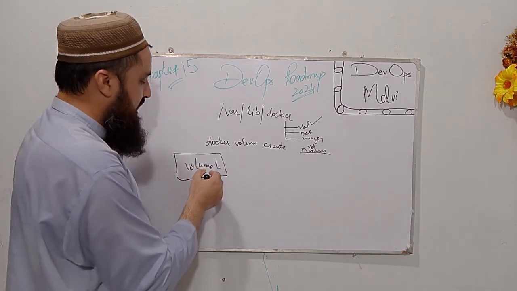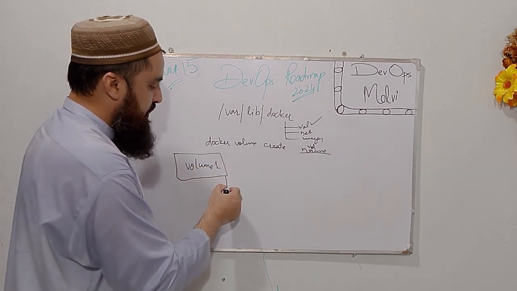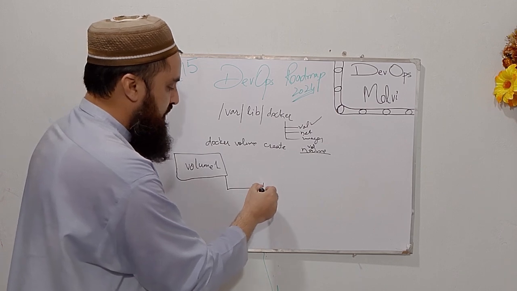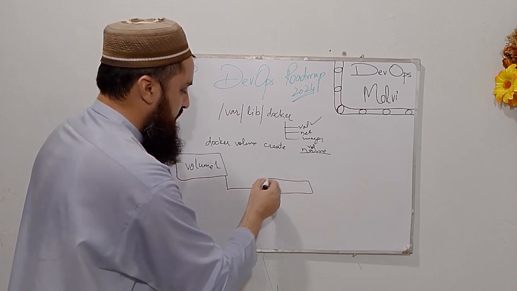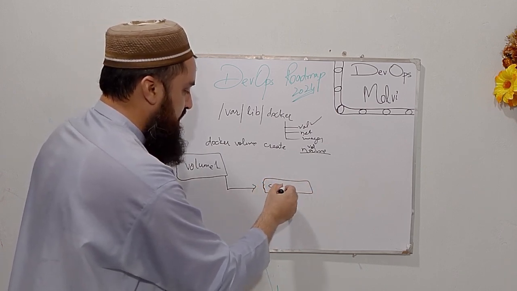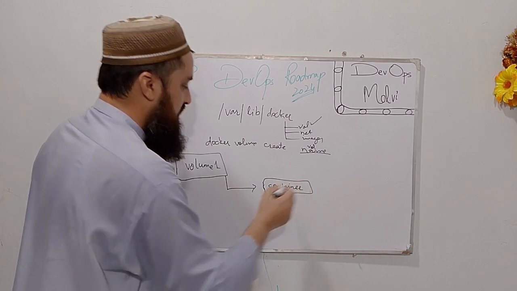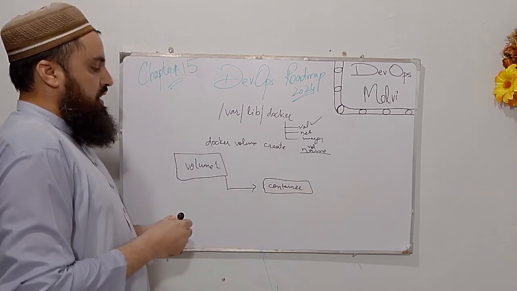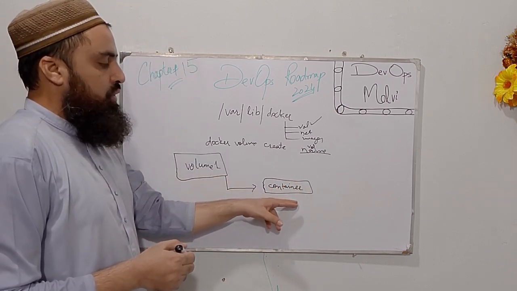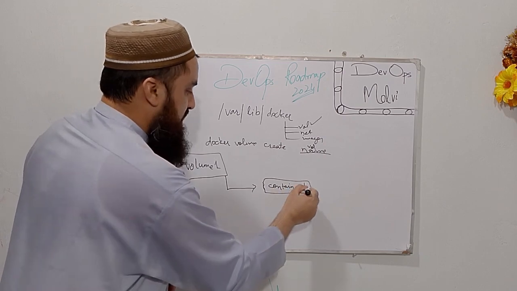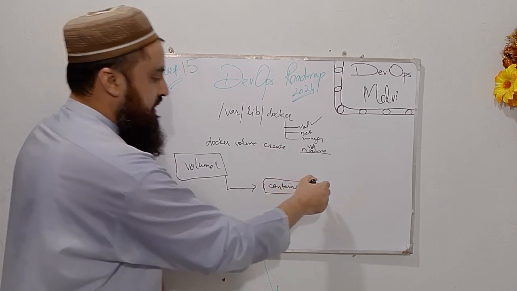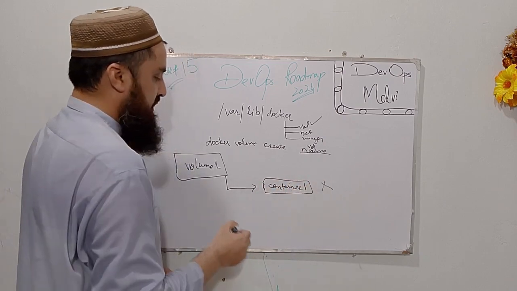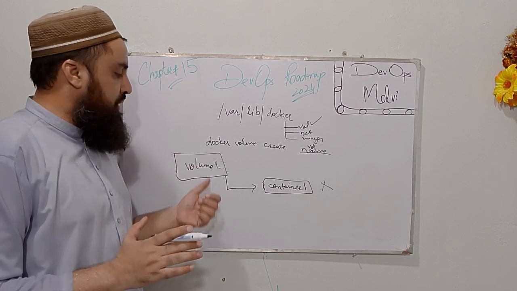Now I can attach this volume to container 1. For instance, I have this container running and I can attach volume1 with container 1. If this container fails or crashes, we don't have to worry about our data.